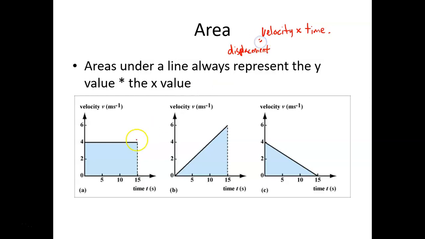So in each of these, if we calculate the area, in this case 15 times 4, in this case it's 15 times 6 divided by 2, and here we've got 15 times 4 divided by 2, or 60 meters. This one is 30 meters, and 75, so that would be 45 meters.